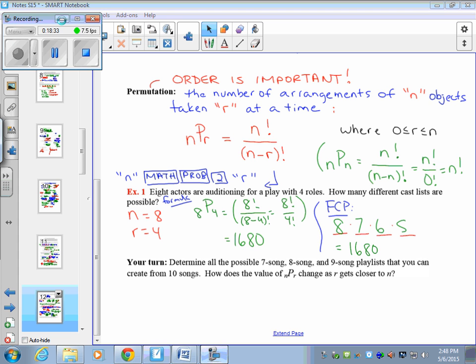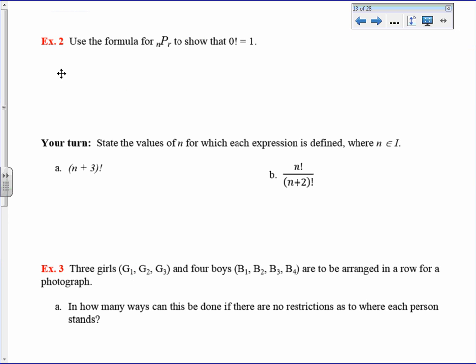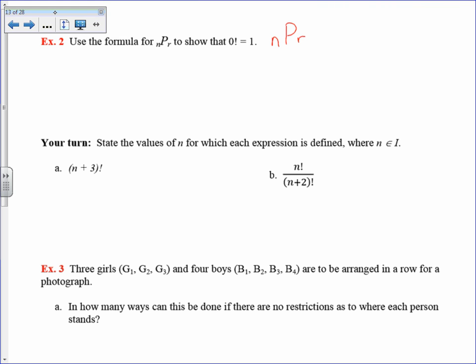I inadvertently already answered the next example, but we'll do it anyway. We want to use the formula for n pick r to show that 0 factorial equals 1. Our formula, remember, is n pick r is equal to n factorial divided by n minus r factorial.